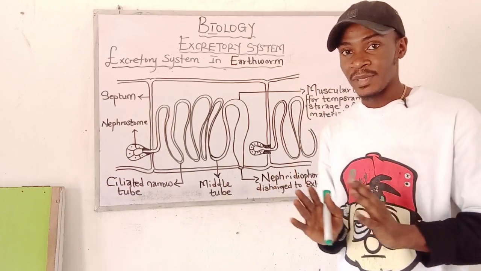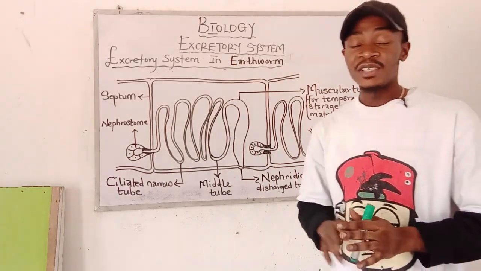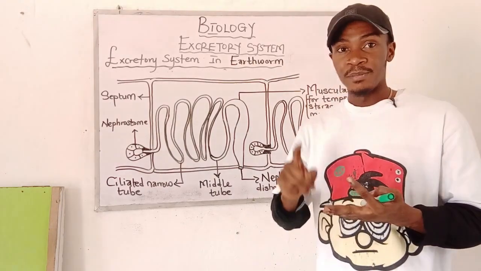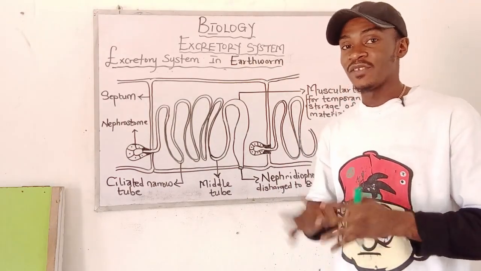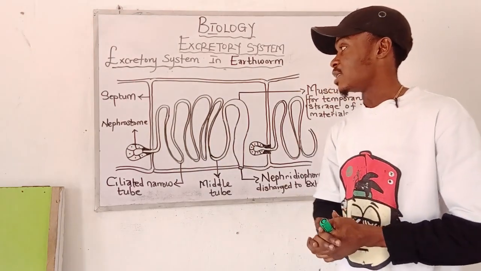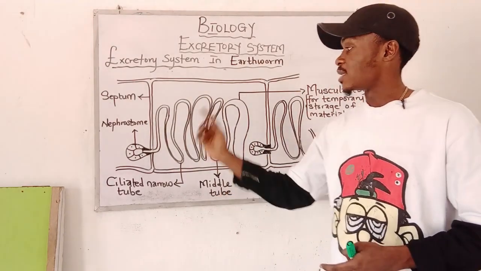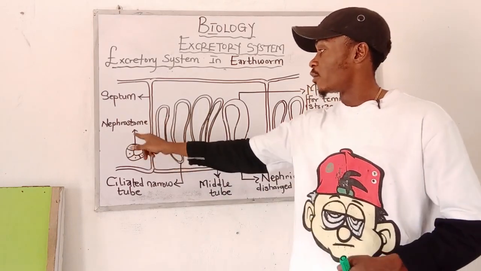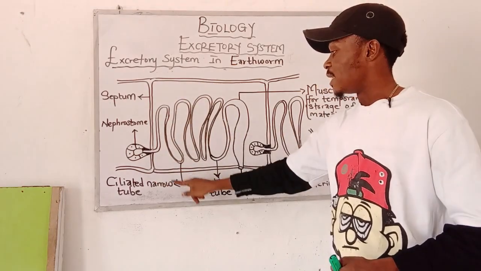They look the same, and each nephridium has 5 portions: the nephrostome, the narrow tube, the middle tube, the wide tube, and the muscular tube. We moved on to discuss the content of the nephridium and see how substances move across the body cilium from the nephrostome to the ciliated narrow tube.